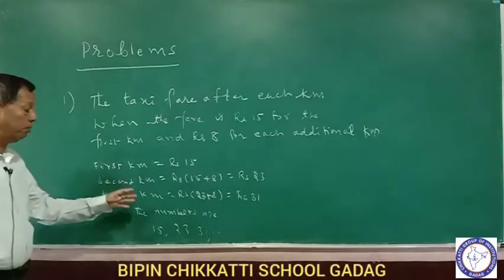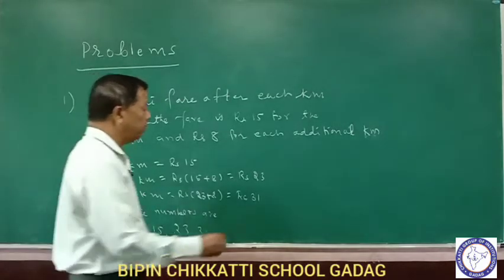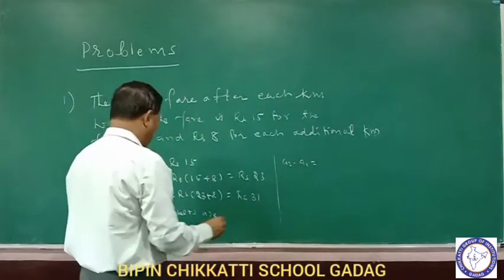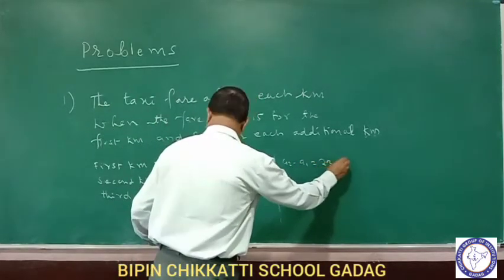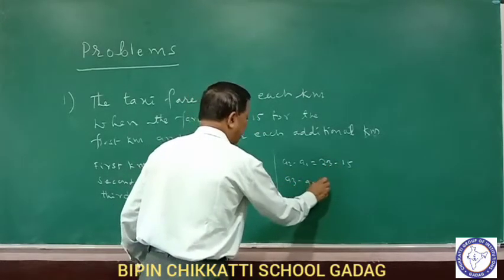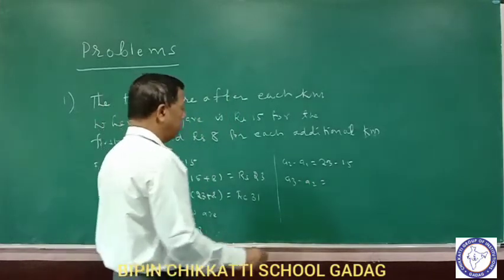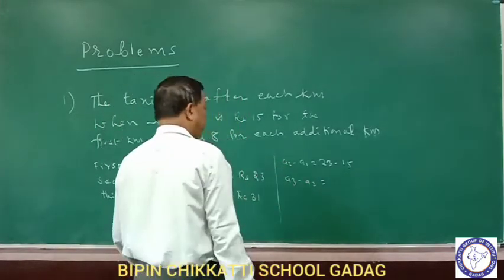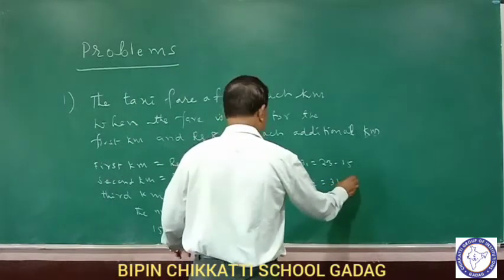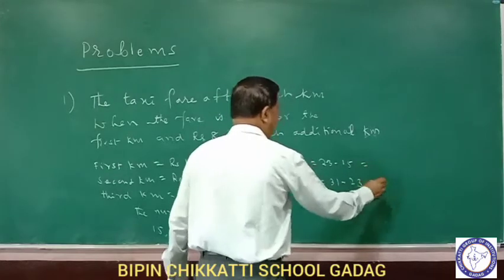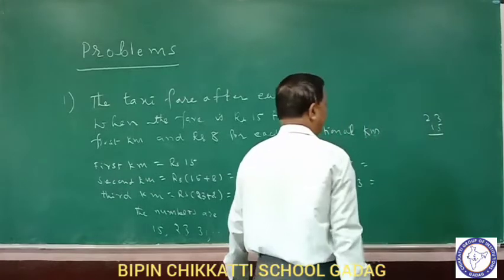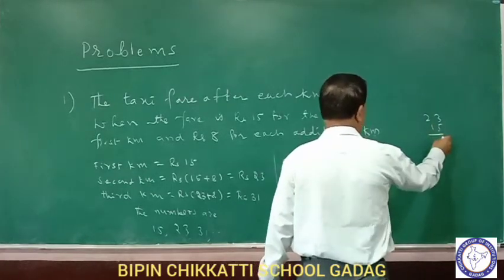To check whether it is an AP, you know the formula: A2 minus A1. A2 means 23 minus 15. And here A3 minus A2, and A3 is 31, so 31 minus 23. See what happens. 23 minus 15, that is nothing but 8.